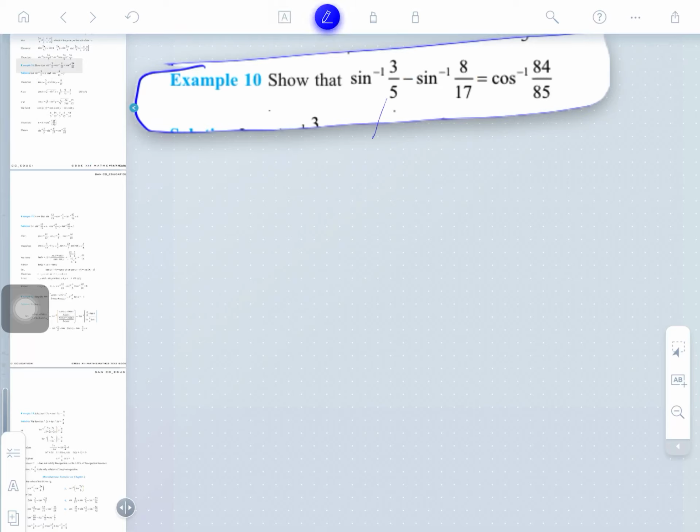So what is the pattern saying here? You may see the pattern here. So sine inverse of 3 by 5, and minus sine inverse 8 by 17.